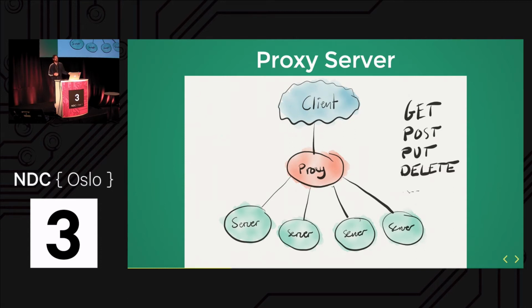It might be rules for authentication, it might be some sort of logic for redirecting, and so on. But the main thing is that the consumer can't see a difference between the proxy and an actual server. It's supposed to be transparent to the consumer, just to provide a single interface to the consumer.